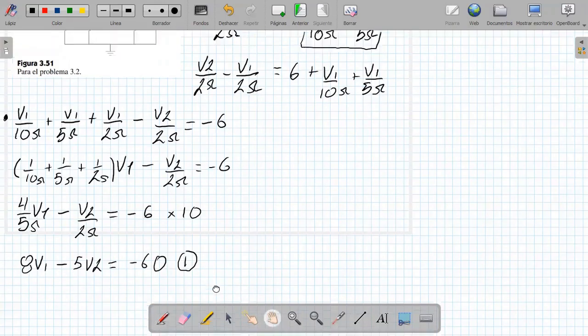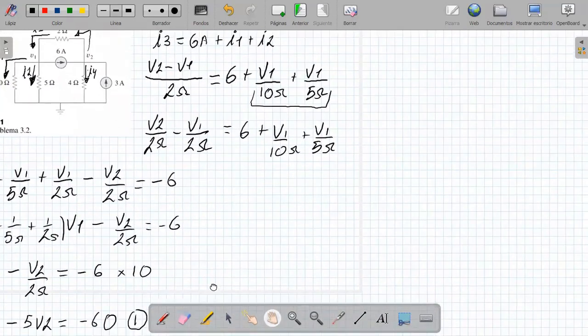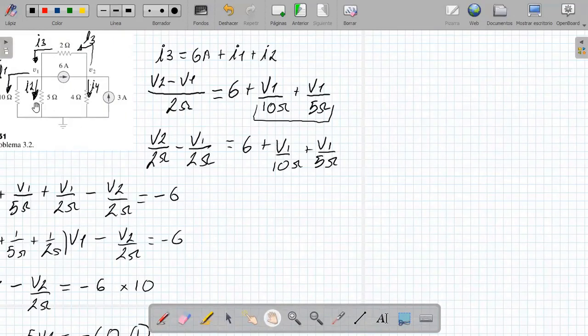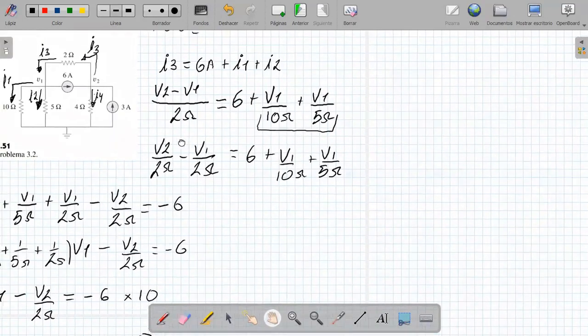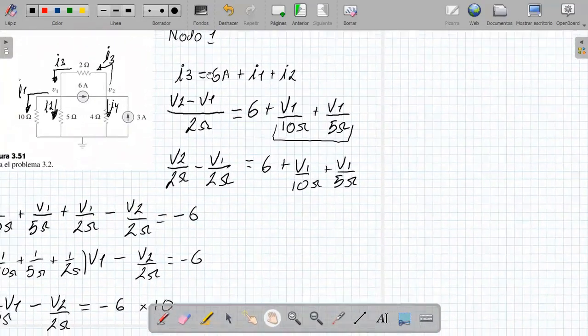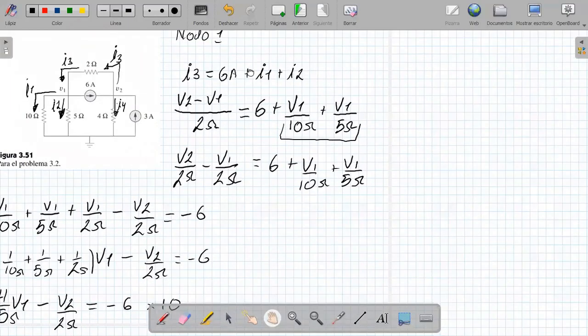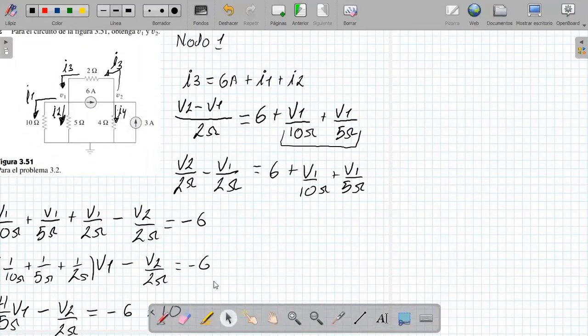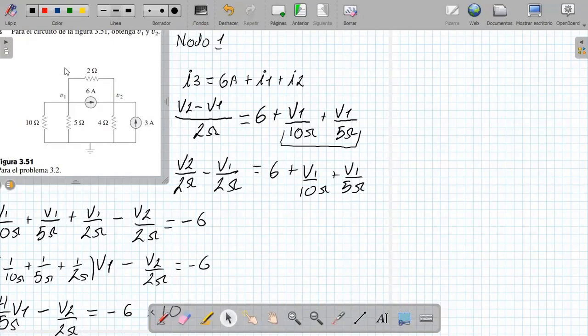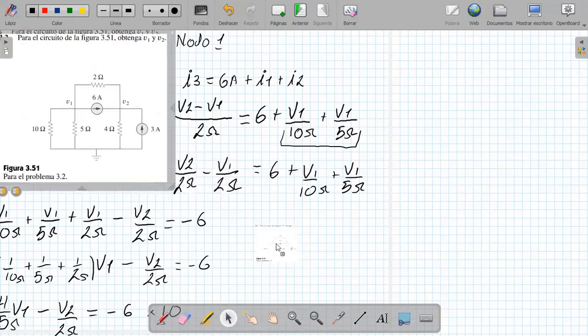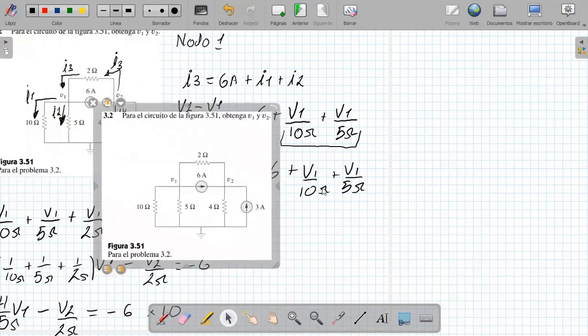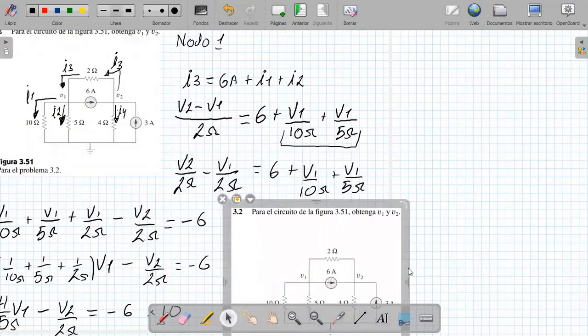Now we're going to do the analysis of the second node. We did the one for node 1. We are going to do the one for node 2. I'm going to copy this and paste here.